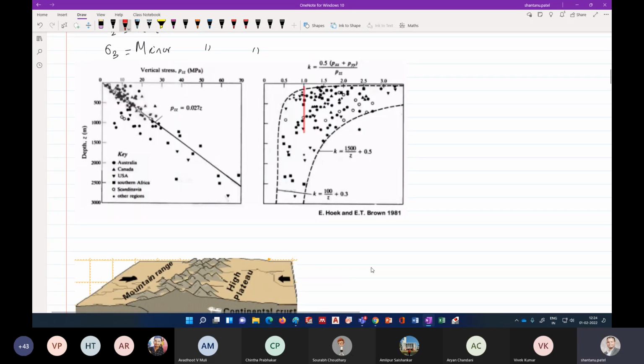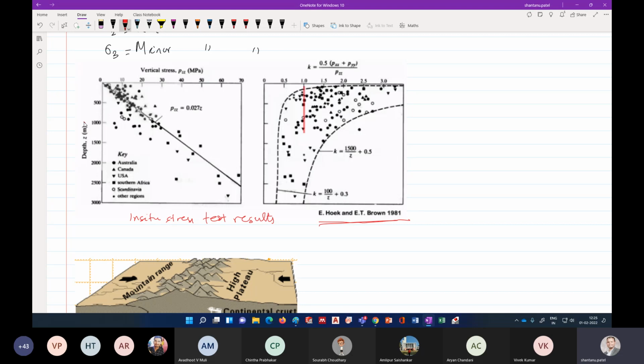Okay, so if you see this figure here, this is from Hoek and Brown. They compiled this figure in 1981, and what they did was they performed in situ stress tests and compiled the test results. So they compiled everything and put it in a figure, right?